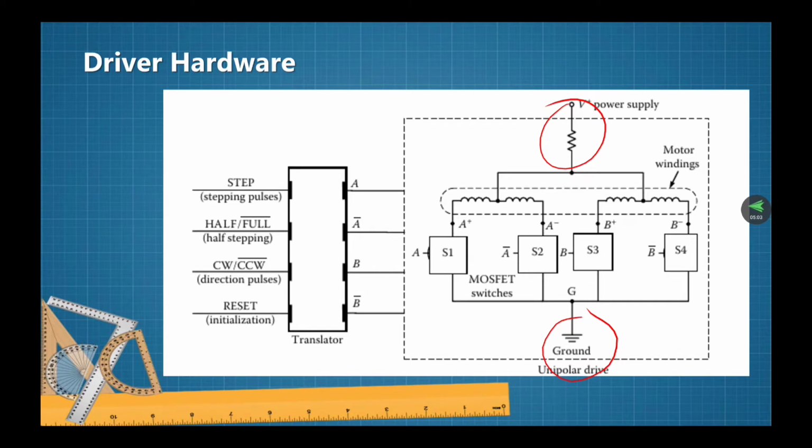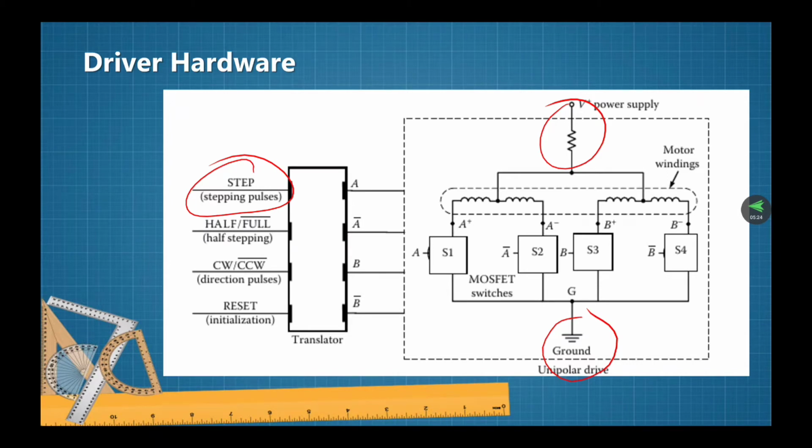The pin denoted by step or pulse, okay, this is the stepping pulse, retrieves the stepping pulse signal from the motor controller, and this corresponds to the required stepping sequence of the motor.